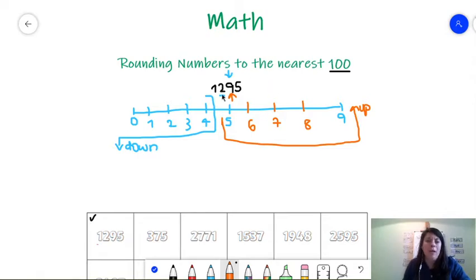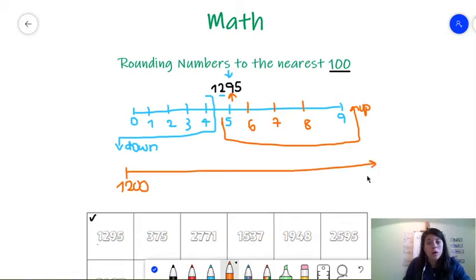So what does that mean? I've found my number, 1,295. Now 9 is definitely over here, so it definitely rounds up. Now what's the nearest 100? It means that if it rounds down, it would round down to 1,200, or it goes up to my highest hundred, which is 1,300.